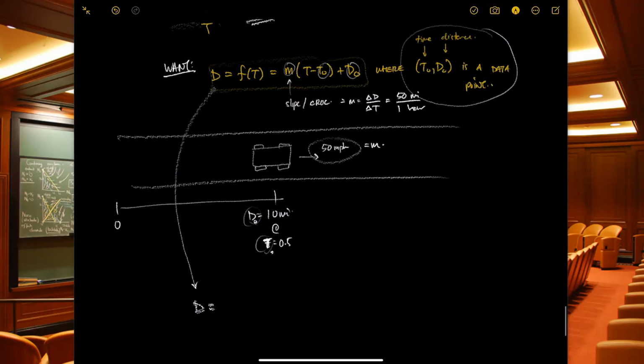So d equals f of t, which is 50 times t minus 0.5 plus d naught, which we said was 10.